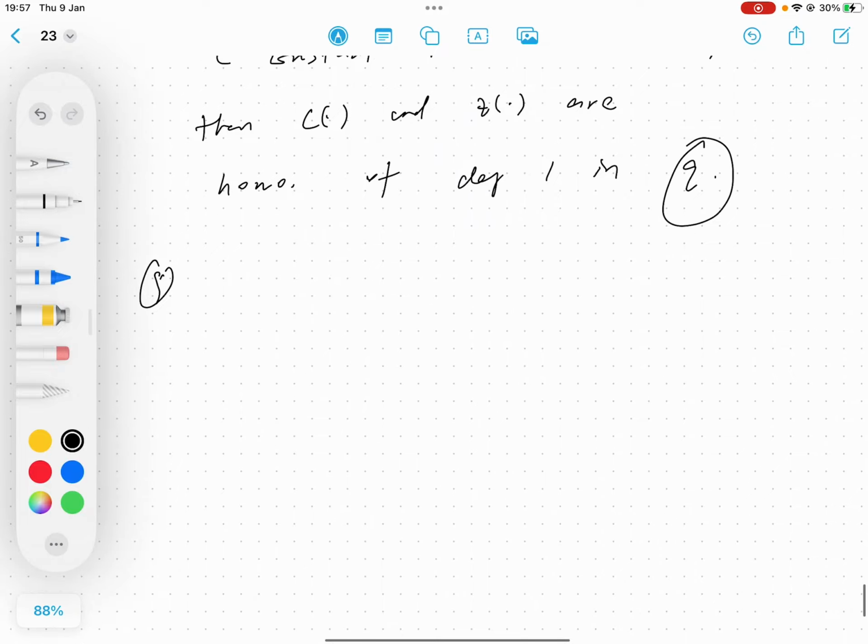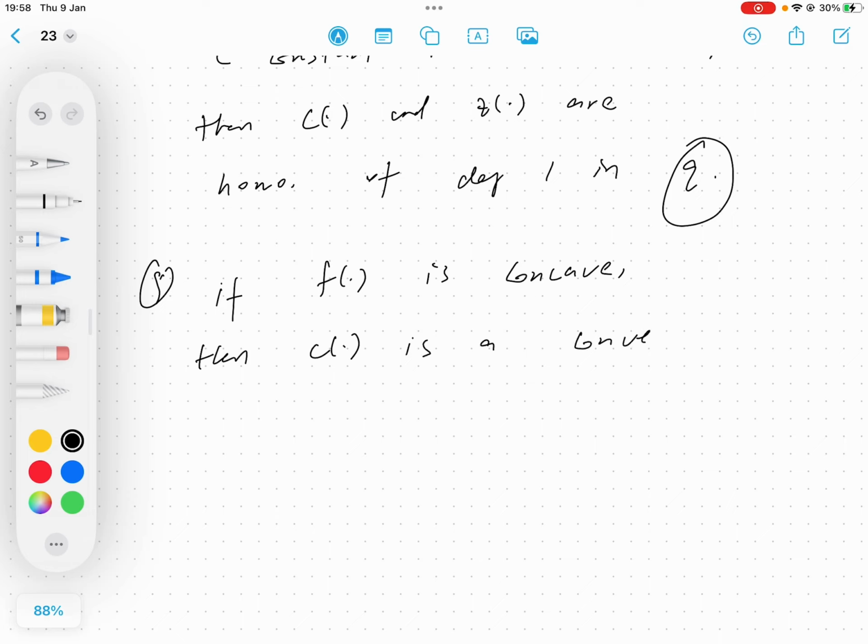Okay, number 9. So if F is concave, then C is a convex function of Q. Okay. All right. And in particular, marginal costs are non-decreasing in Q.